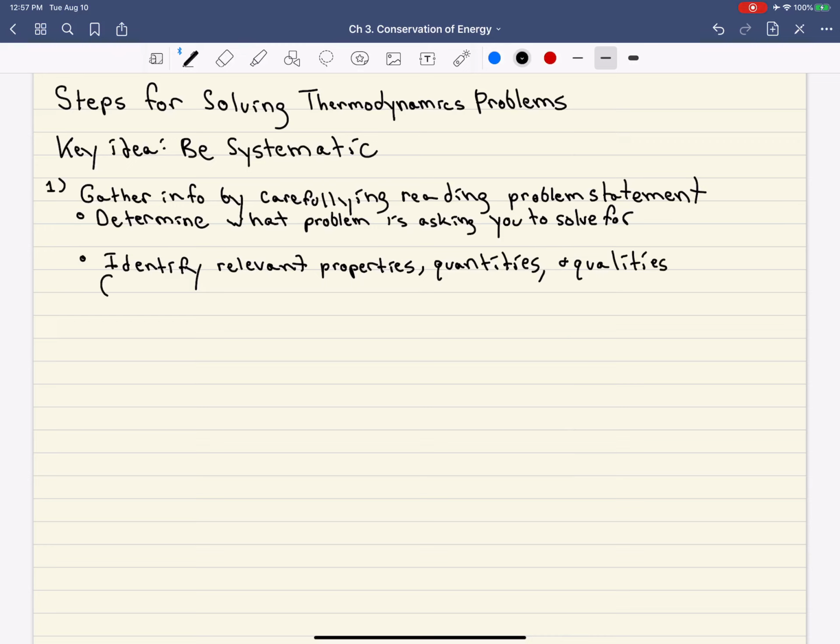And so as you've seen in MEB1, MEB2, and as you're going to see in all of your other chemical engineering courses, these sorts of properties include things like flow rates, temperature, pressure, volume, whether the system is adiabatic or well insulated or isothermal. Depending on what the system is, there's a lot of different possibilities. But with practice, you'll be able to identify when those pieces of information show up.